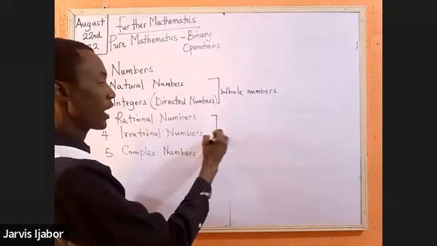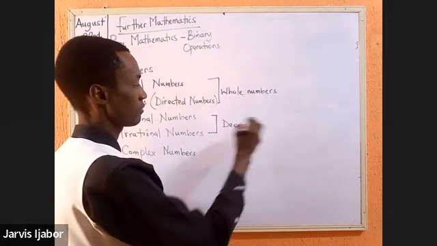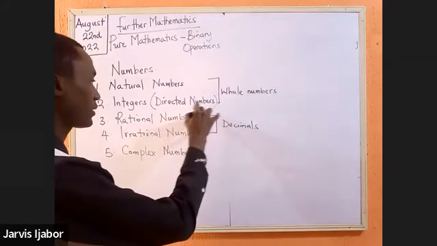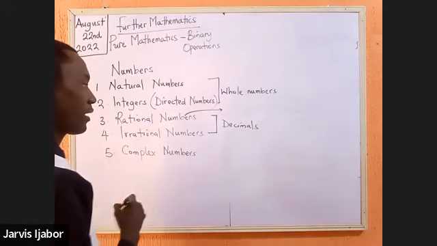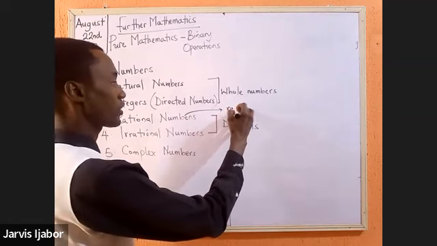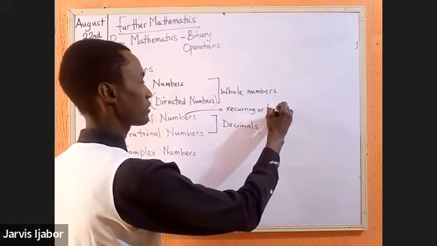These next two are the ones we call decimals. Now, this decimal type can either be recurring or terminating.